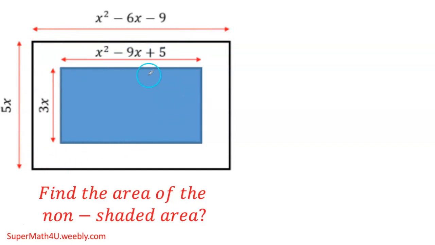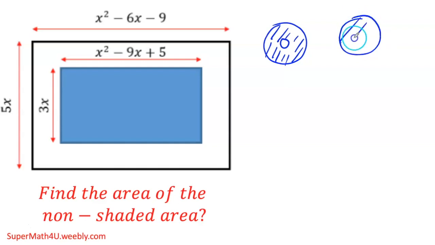So when they're asking me problems like this, it is very similar to something that you probably did or are going to do in geometry, which is find the area of a donut. When we have this type of problem, what we do is we find the total area on the outside, and then we find the area of the hole, and then we subtract them.